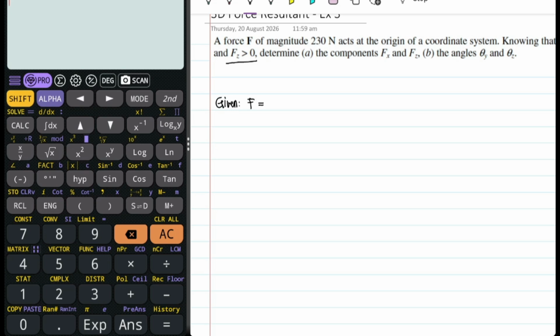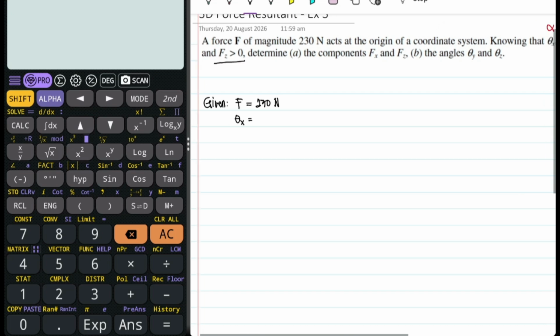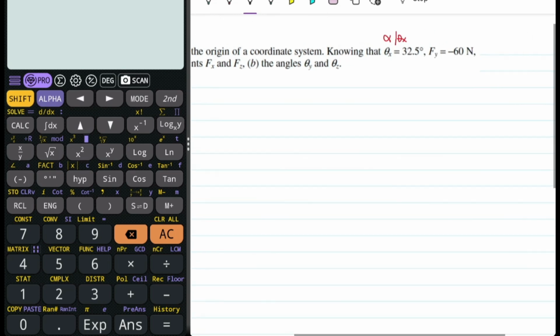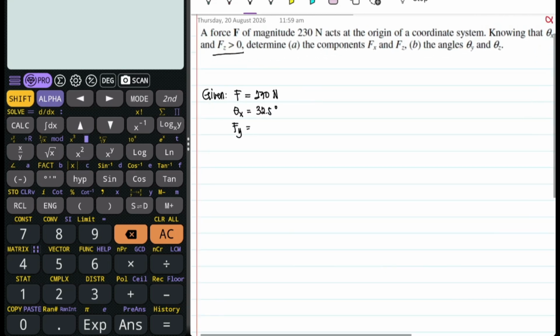z, or our gamma. So the givens are F, which is 230 newtons, theta sub x, which is 32.5 degrees, and our f sub y, which is negative 60 newtons.